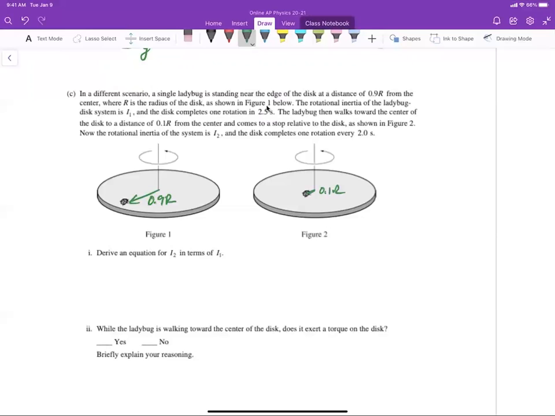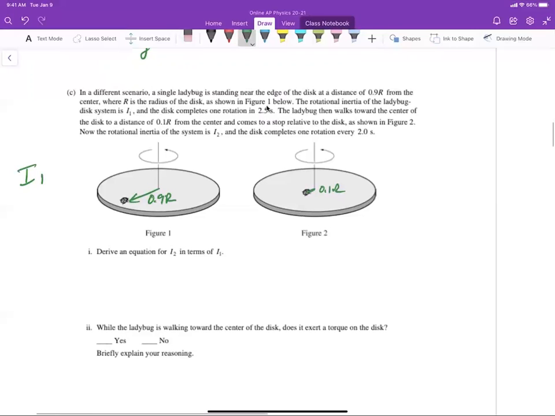Okay, R. The original moment of inertia was I initial, and the final moment of inertia was I2, so I1, I2. And they did tell us over here that this took 2.5 seconds per rev.